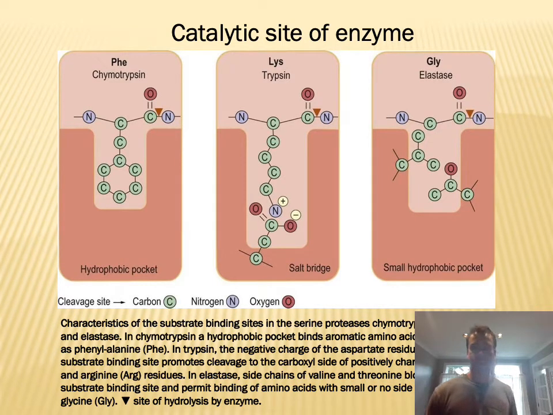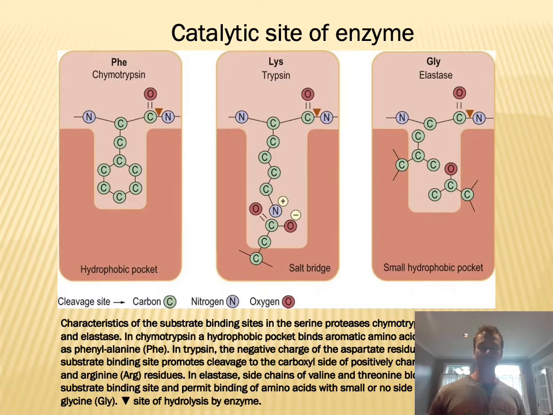Let's take the catalytic site of these three different substrates. So for example, in the case of trypsin, three different enzymes that use three different substrates. In the case of trypsin, again, this is a protease that cleaves on the C-terminal end of lysines and arginines.